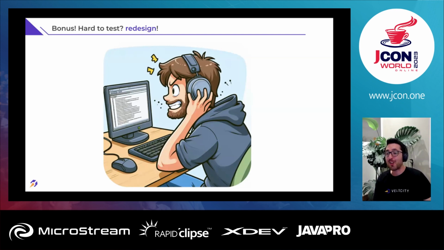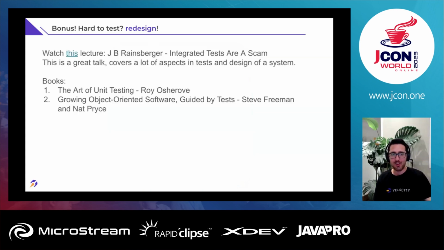I don't have any examples for this case specifically because it involves a lot of code and can be a talk in itself. But I think those two books that I mentioned in the beginning of the lecture, The Art of Unit Testing and Growing Object-Oriented Software, Guided by Tests, I read them both and they're amazing. They changed a lot of how I think and how I approach tests and system design.